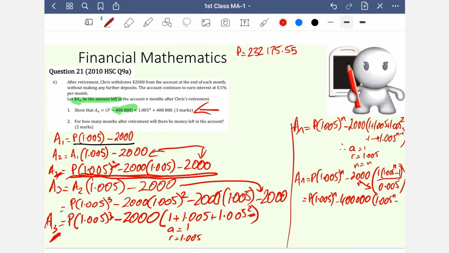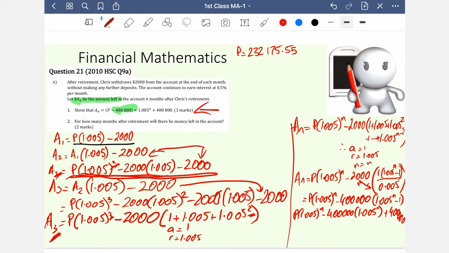1.005 to the power of n minus 1. Expand that. P times 1.005 to the power of n minus 400,000 multiplied by 1.005 to the power of n plus 400,000.